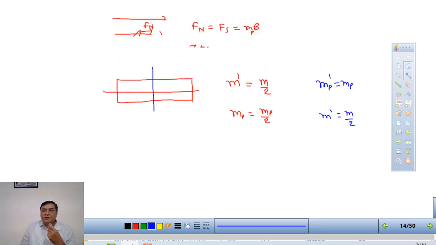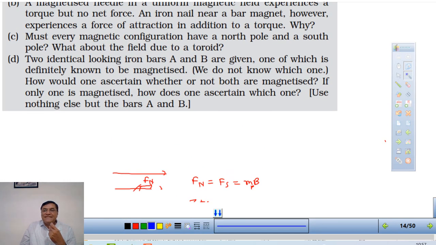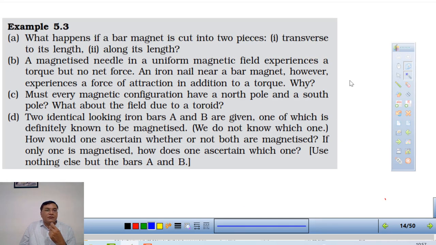Then the second one: a magnetized needle in a uniform magnetic field experiences a torque but no net force. When you put a needle in a uniform magnetic field, suppose this is the needle, north side, south side, placed in a uniform field.